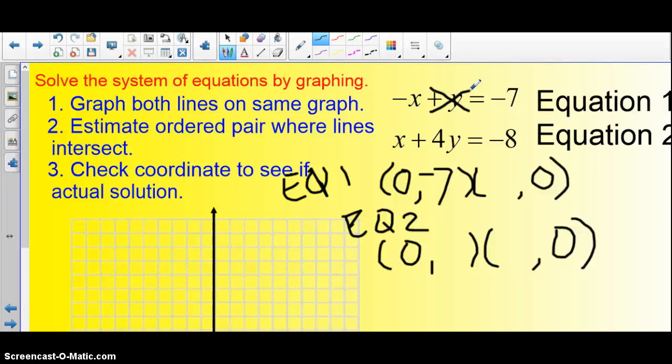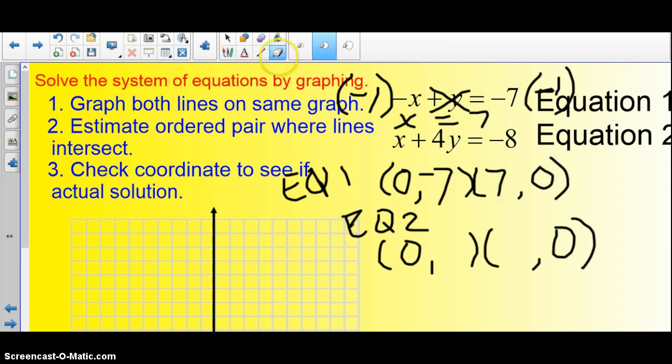And we would also have to think about, okay, if I multiply this side by negative 1 to get to x, I also have to multiply that side by negative 1 to solve. So this will give you positive x is equal to positive 7. So I now have my 2 coordinate points for that equation. I've got 0, negative 7, and 7, 0.